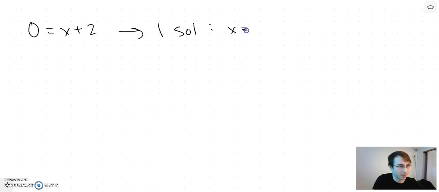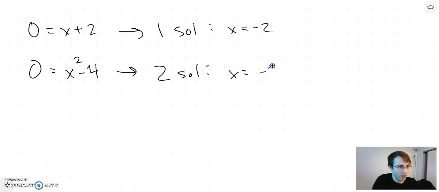The solution is x equals -2. If 0 equals x squared minus 4, there's 2 solutions: x equals -2 and x equals 2.